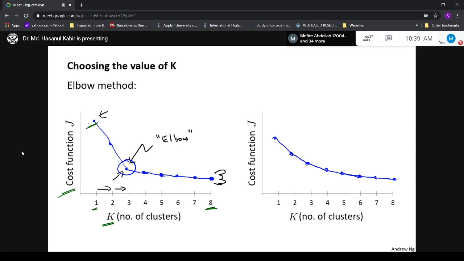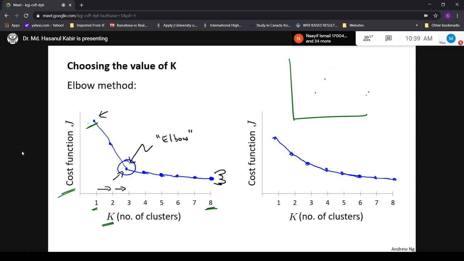But we know that if I give you these three samples and ask how many clusters there are, you might say 2, maybe one here and one there.